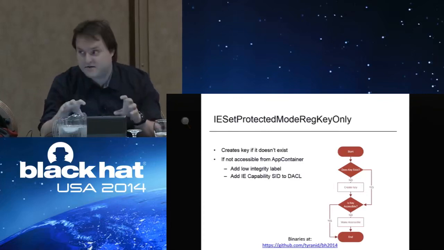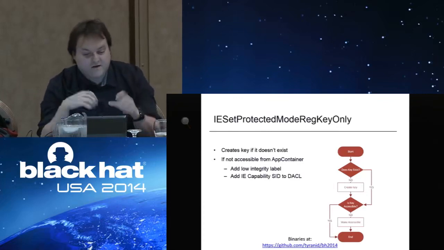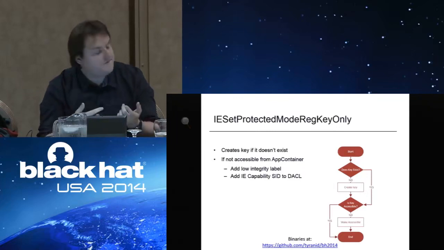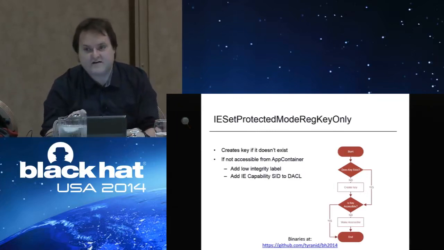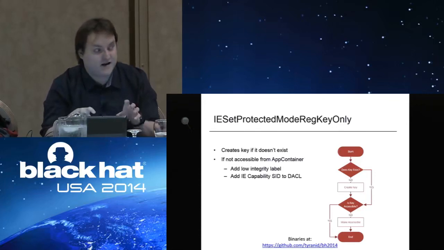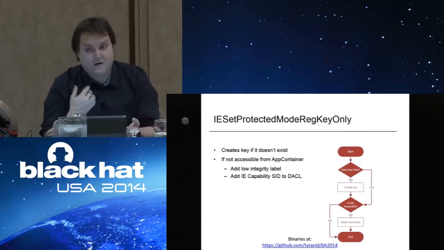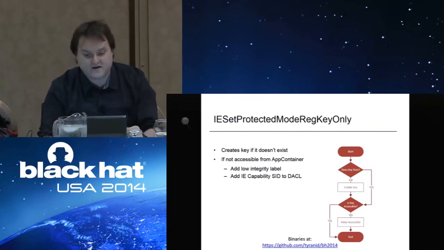This is not running in the Sandbox process. It then tries to check whether the low privilege process can access that registry key. Can it read and write to that key? If not, it will actually modify it so that the access control list says, yes, you can access that registry key. And that to me just looked like a potentially dangerous function.